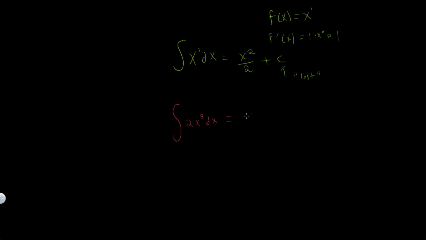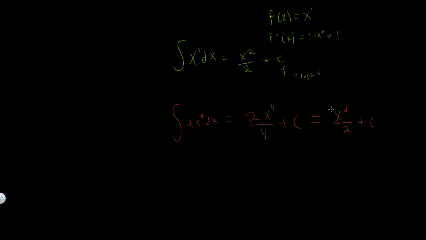So the 2 is still there, right? 2x to the 3 plus 1 is 4. And then we're going to divide by the power. So we divide by 4. Now we can simplify this a little bit, and we can't forget plus c, always plus c. 2 over 4 is 1 over 2. So this is just x to the 4th over 2 plus c.